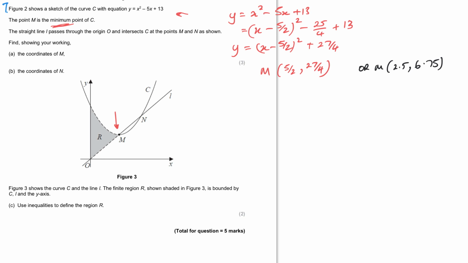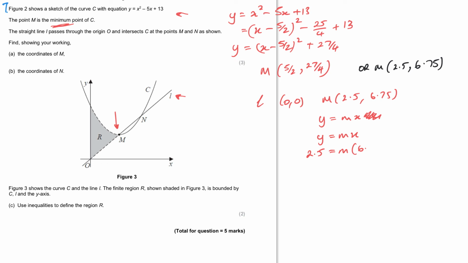Now, knowing M, I can find what the equation of L is. So L has coordinates 0, 0, and it also has this coordinate M. Okay, y equals mx plus c. C is obviously 0, so we can get rid of that. y equals mx, just use the one coordinates, 6.75 equals m times 2.5.